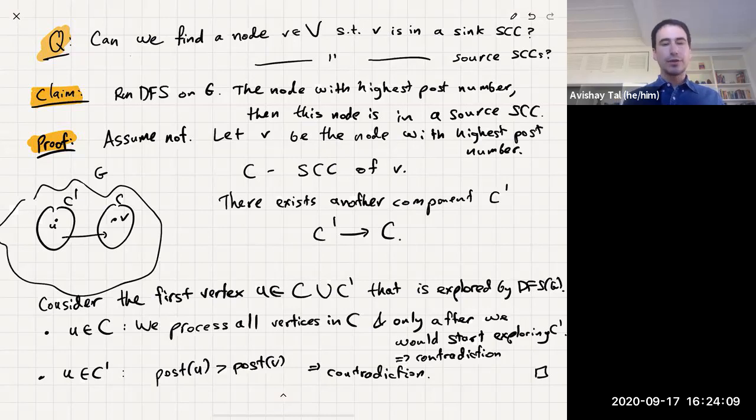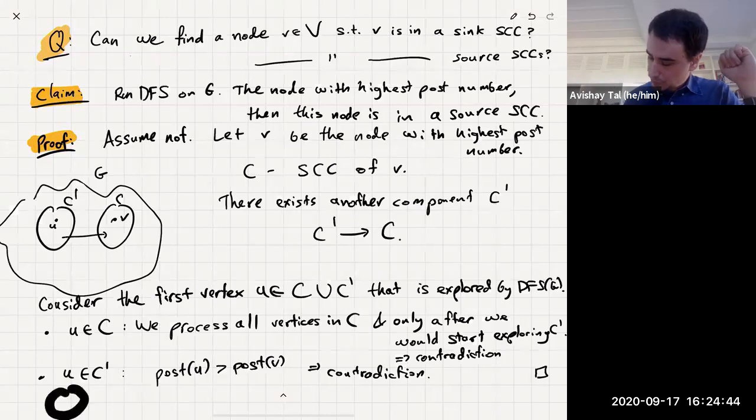Not only did we show that the vertex with the highest post number is in a source, we also show that if we look at two connected components, C and C prime, and we have an edge from C prime to C, then the highest post number in C prime is bigger than the highest post number in C. That's actually what we proved if you think about it, right?